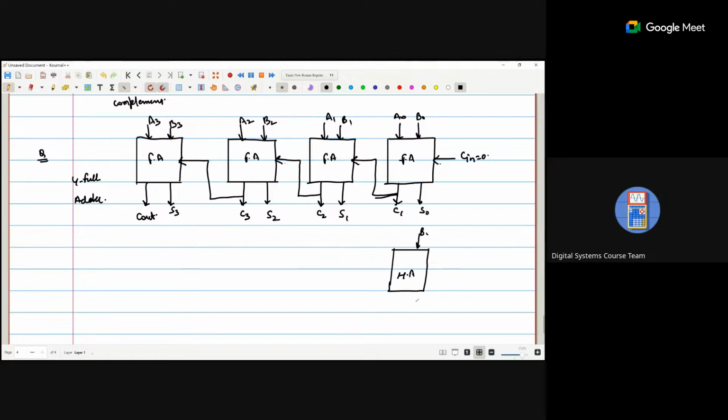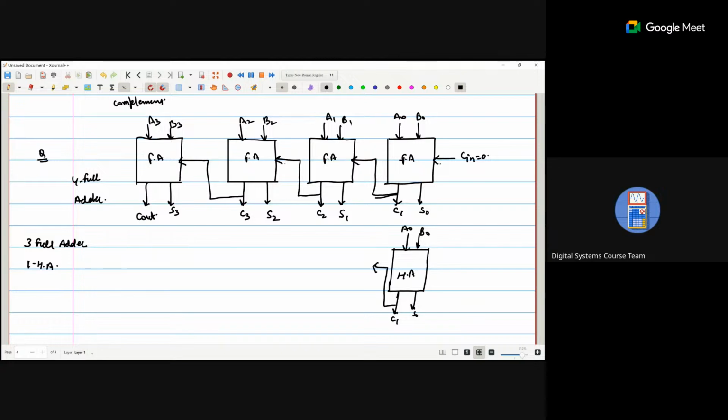So we have B0, A0, that will give me S0 and C1. Now that C1 will be used for the second. So we can implement this with the help of 3 full adders and 1 half adder.